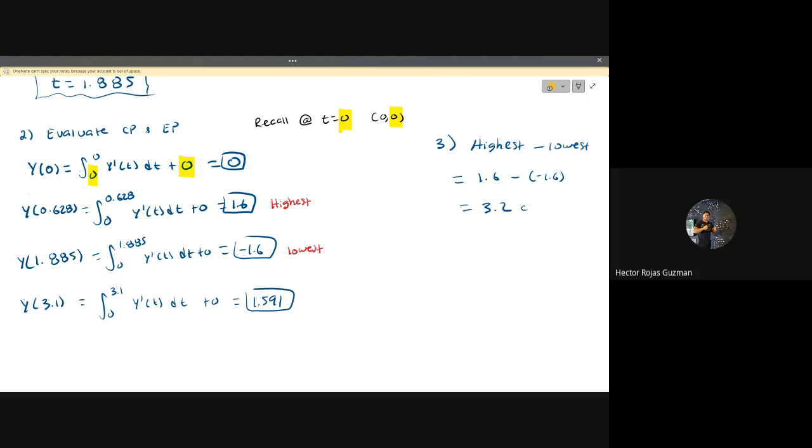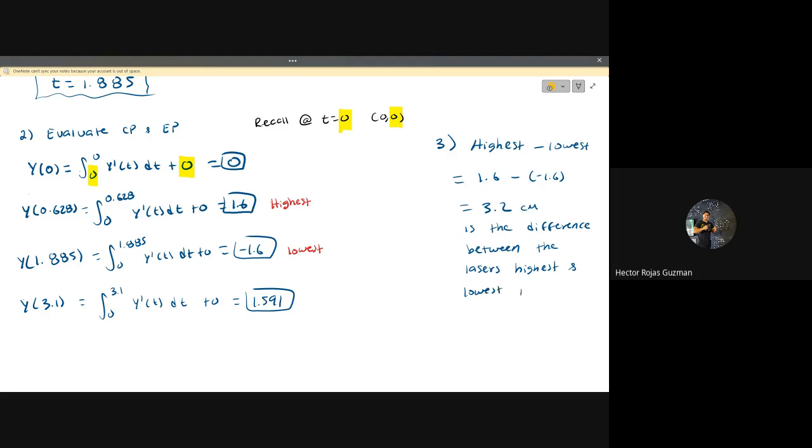That is the difference between the laser's highest and lowest position.